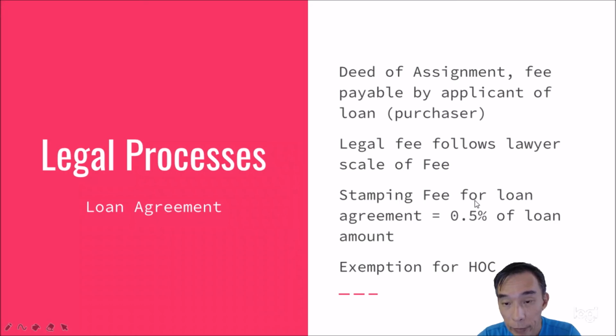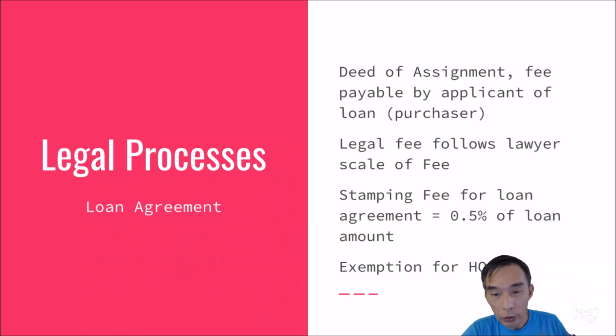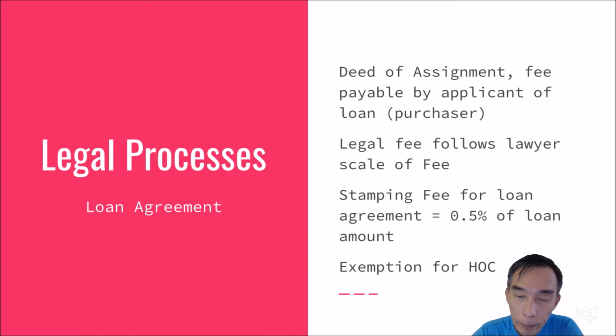Right, the stamp fee for the loan is 0.5%. Some of it the developer absorbs also, but it depends. So we have to be sure, as my earlier chapters talked about, that the waiver of legal fee refers to the sales and purchase agreement, not the loan agreement, because the loan agreement by right has nothing to do with the developer.